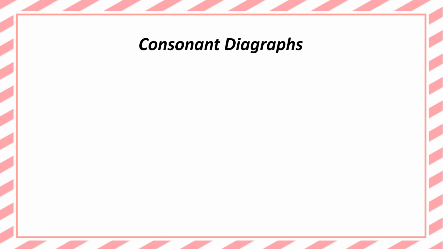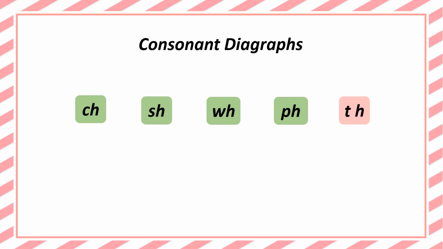Consonant digraphs can either be at the beginning or at the ending. Let's check out the list of consonant digraphs. Ch, sh, wh, ph, th and the. Th has two sounds: the soft sound th as in think and the hard sound the as in that.